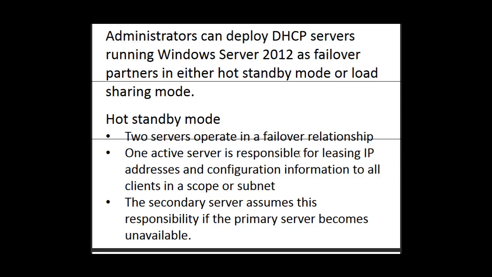So if you place your DHCP server in standby mode, it means that this server is the secondary server, and it will only start to issue addresses if there's a problem with your primary DHCP server.